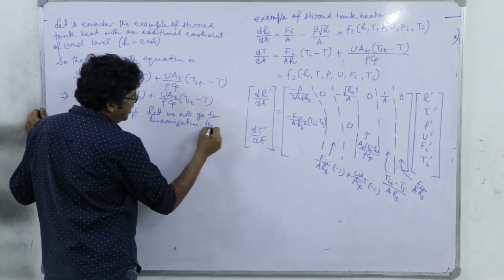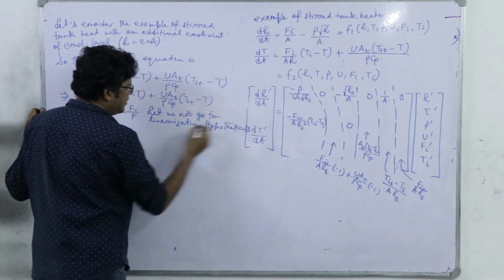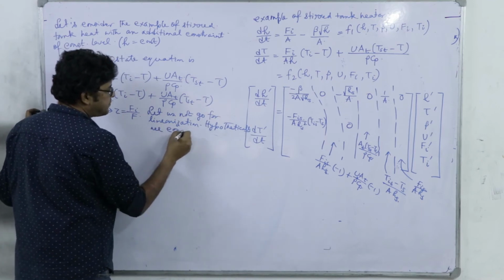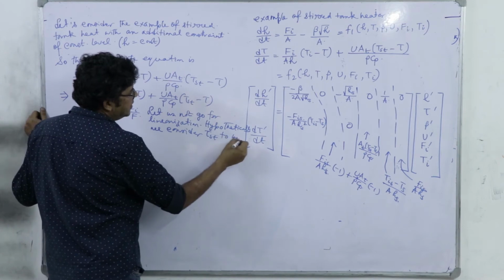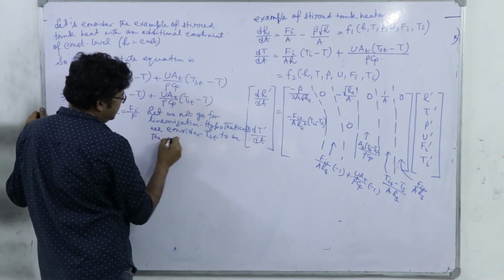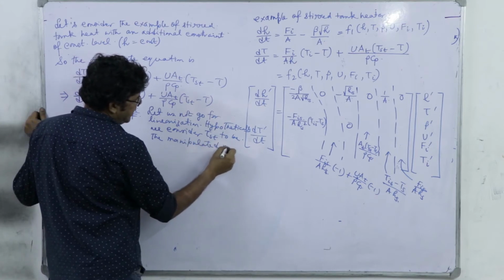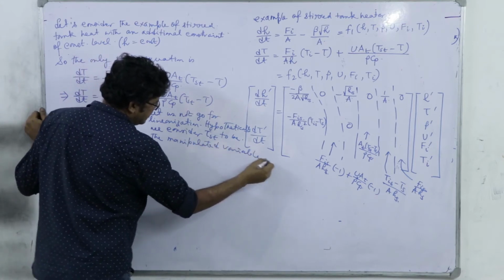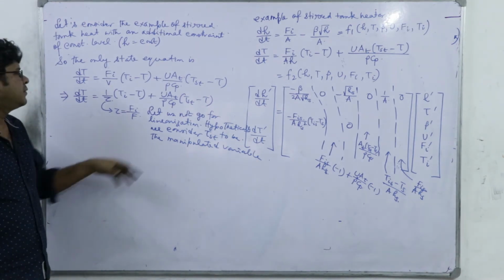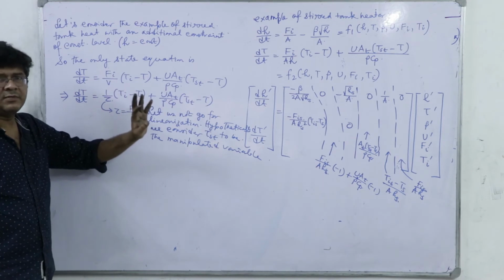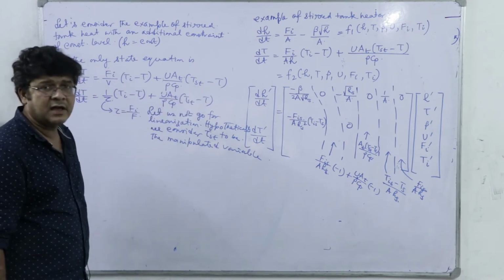Hypothetically, we consider Tst to be the manipulated variable. So, if Tst is the manipulated variable, then definitely the equation is linear because U is then a constant.